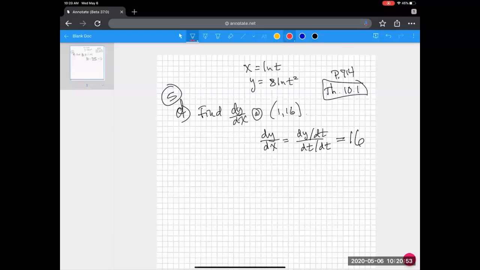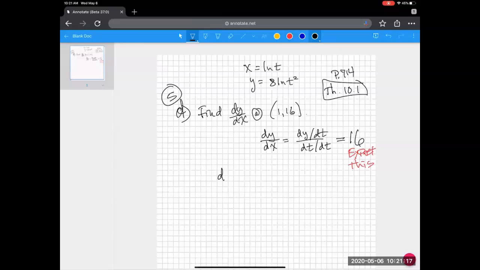So I'm going to write this as our expected answer. We expect this just because we know this is a simple situation with a line with a slope of 16. So the tangent line at any point on this line should be 16. But nonetheless, we can try to use the formula to see it in action and understand how it works.